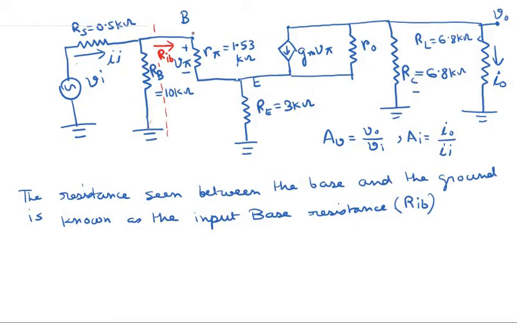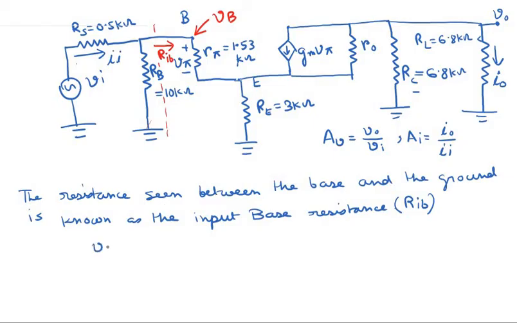Okay, so now what is RIB? Let us assume that the voltage at this point, this base voltage, is basically VB. If I write Kirchhoff's voltage law for only this part of the figure, then the equation is basically VB. So this is the AC component of the base voltage, so we should write it in italics and in small a.